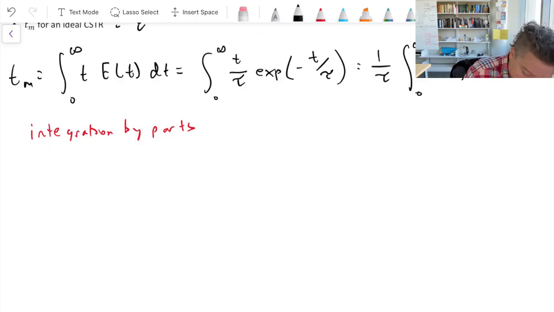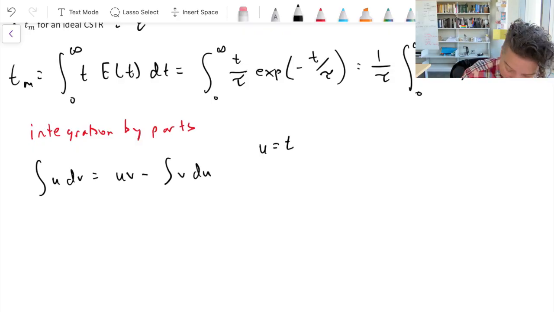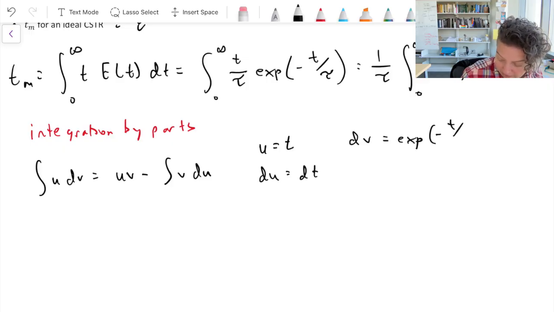But basically, what we're going to say is the integral of u dv equals u times v minus the integral of v du. We're going to select here u is equal to t, du is equal to dt, dv is going to be equal to the exponential of negative t over tau dt, and v is going to be then equal to negative tau exponential of negative t over tau.